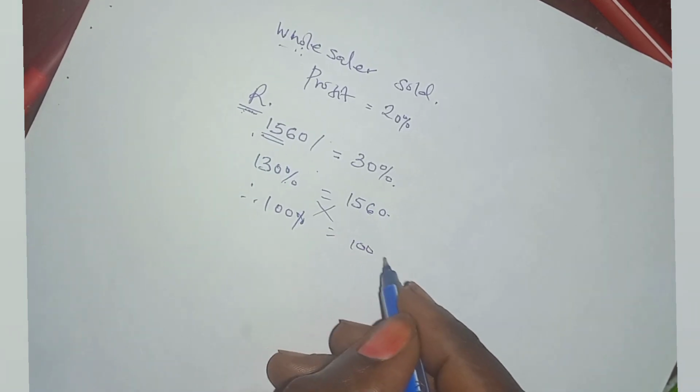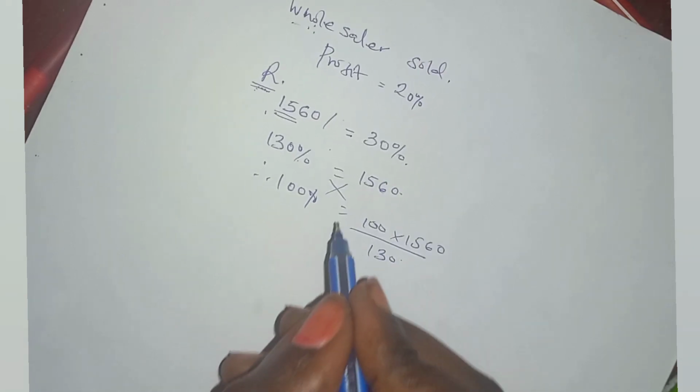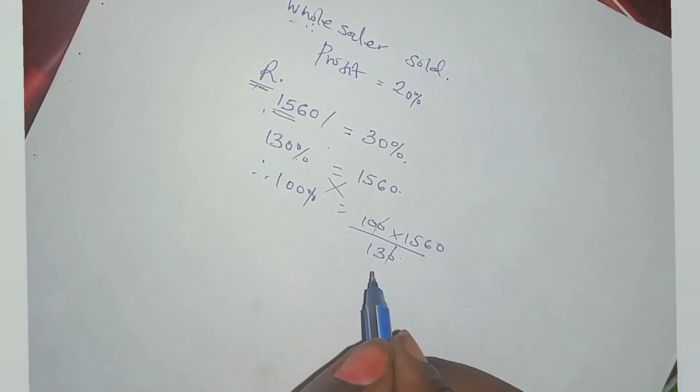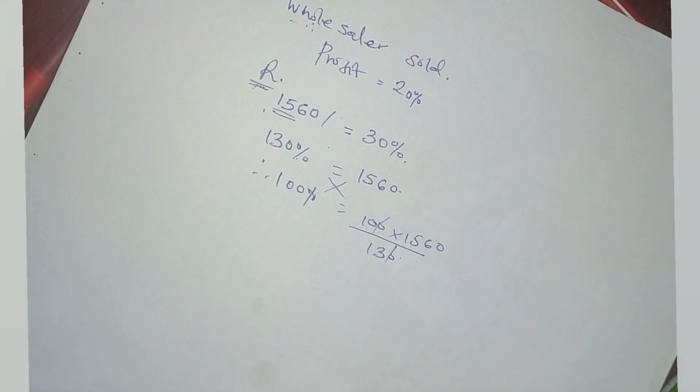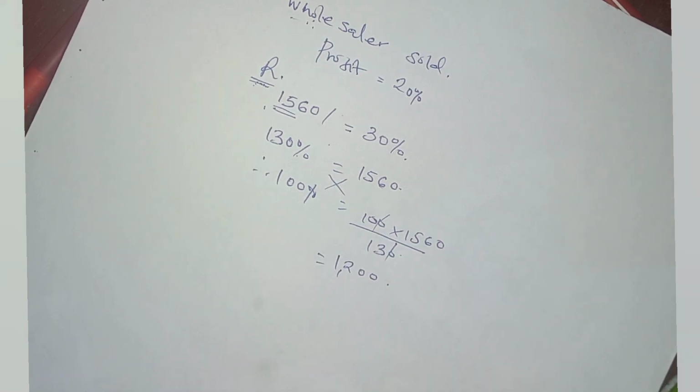We'll cross multiply: we'll take 100 times 1,560 divided by 130, and we'll get 1,200.